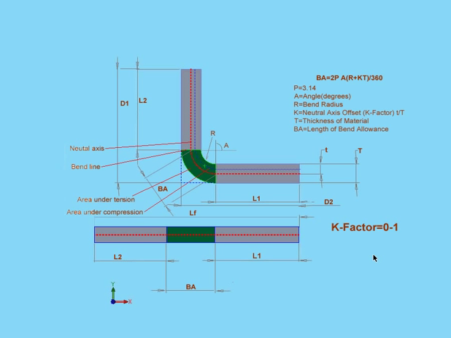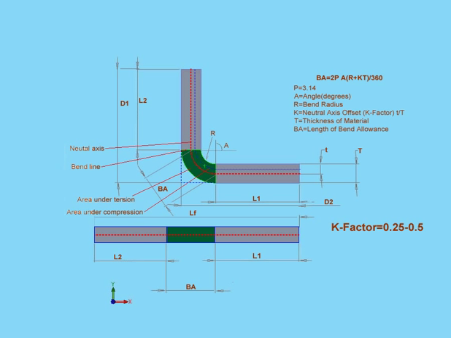In theory, the K factor can be anywhere between 0 and 1, but for practical purposes, it's more like 0.25 to 0.5. For example, you'll find that hard materials like steel have got a higher K factor, such as 0.5. Softer materials like copper or brass are going to have a lower K factor, closer to 0.25.